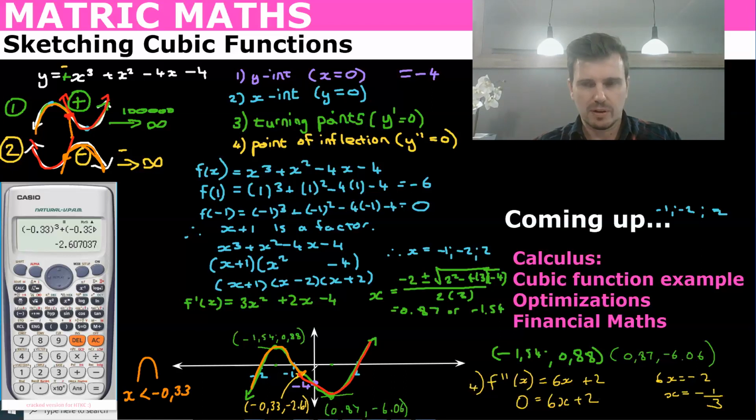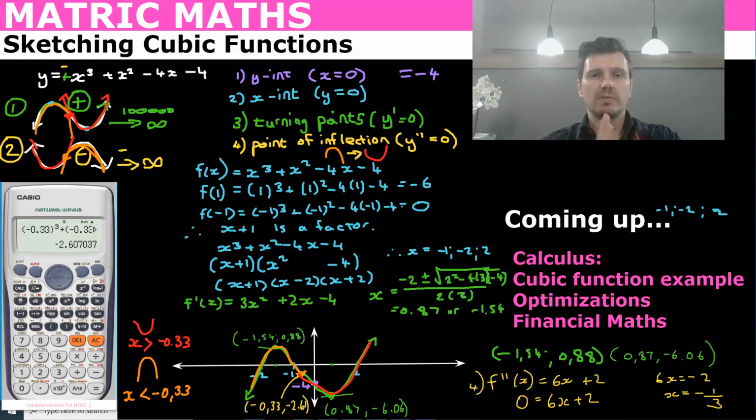And the red bit was the concave up, and it's concave up where x is greater than negative 0.33. So that is what the point of inflection means. It means where it goes from concave up to concave down, or in this case, because it's a positive x squared, it went from concave down to concave up. Okay, so that is what the point of inflection is.